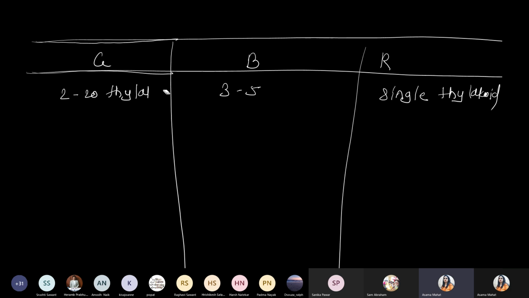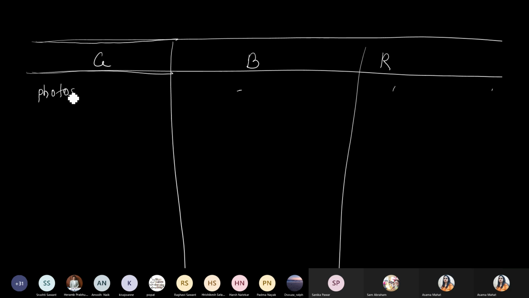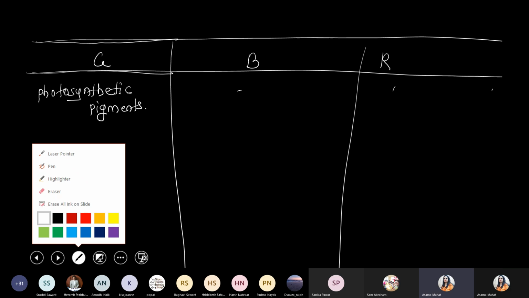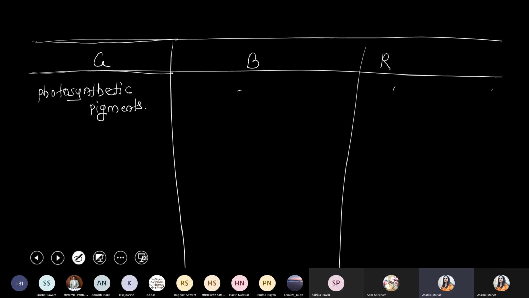So back to the pavilion, we are talking about the next type. Next type means next feature with respect to photosynthetic pigments. Quickly, we are talking one by one about how to remember this. Chlorophyll a will be common in all.